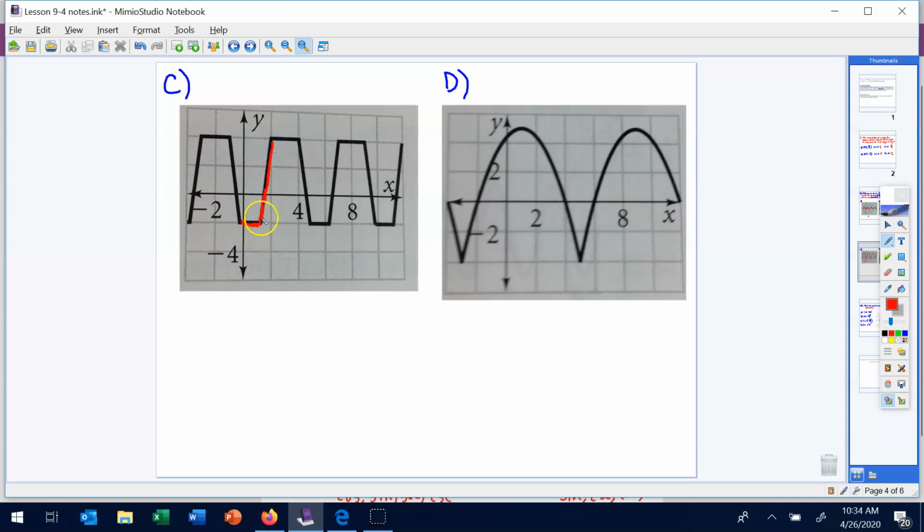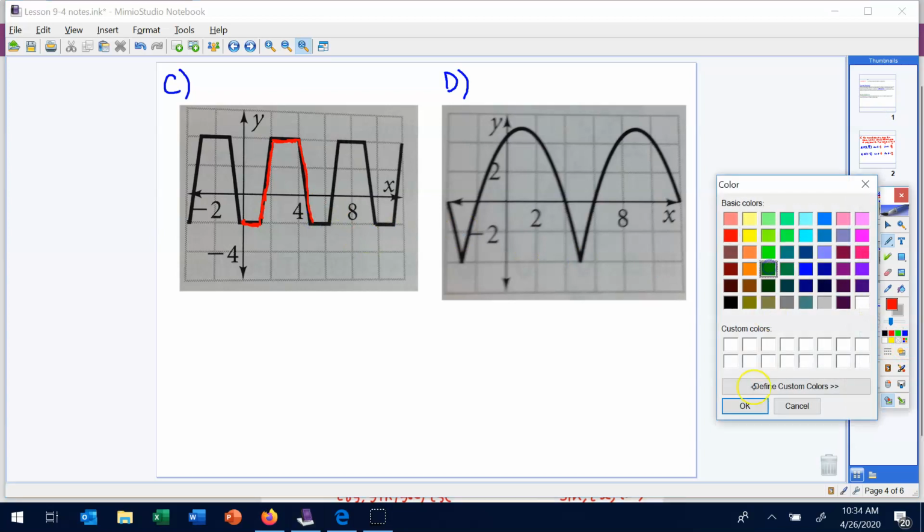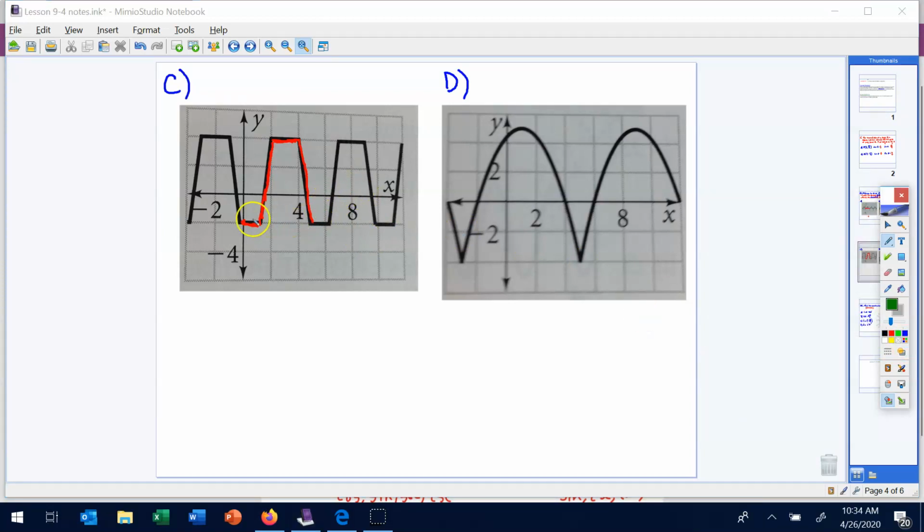So it goes to the right, it goes up, it goes again to the right, it comes down, and from there, it's going to just keep repeating itself. Okay, so can you see I'm back to the starting point, and then it just does this again, and it's just going to keep doing this over and over again. Okay, so we've identified the cycle.